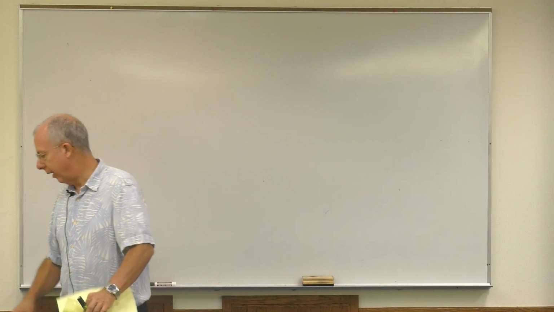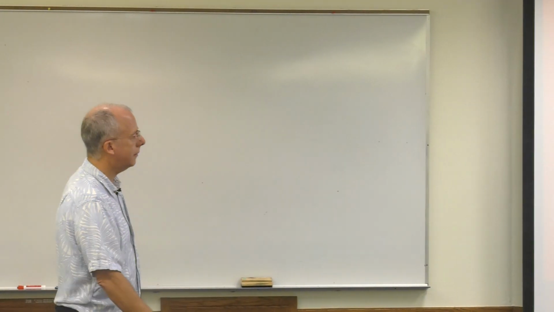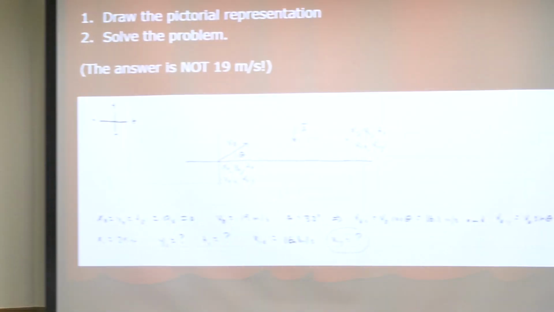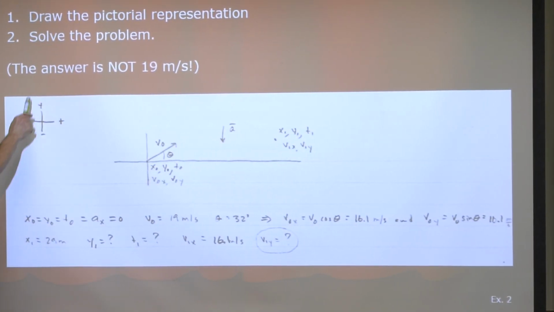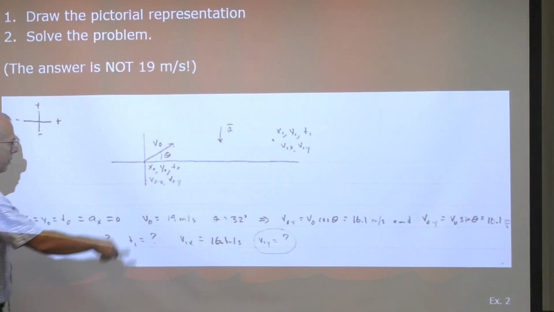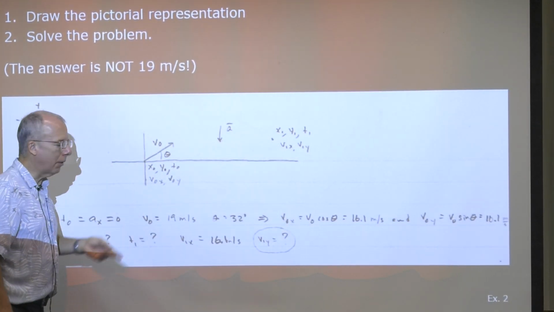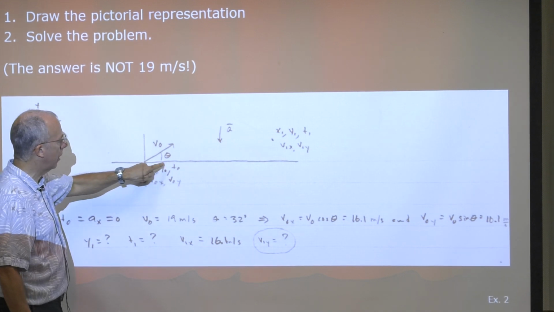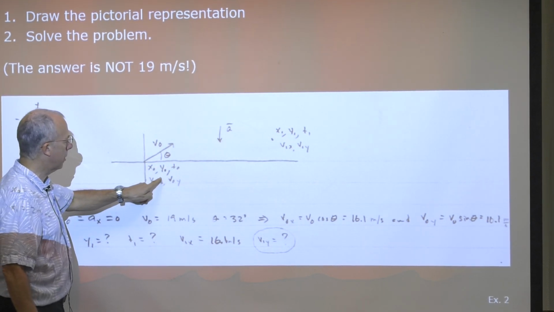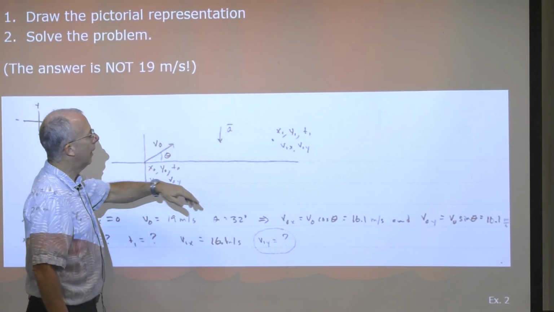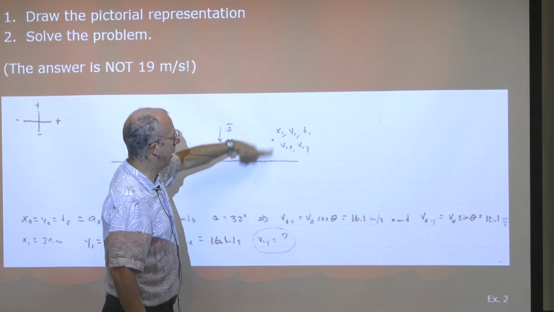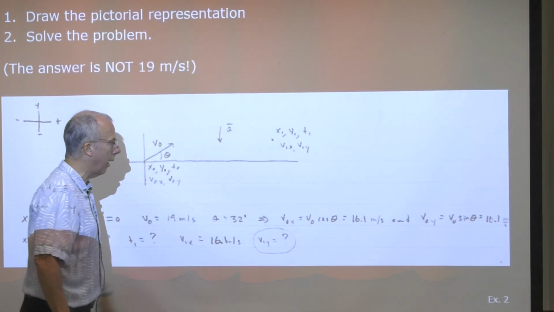Okay, here we go. Let's draw the silly thing. Okay, so the regular old coordinate system. Here's the picture. Just like the last one, right? x0, y0, t0, v0x, v0y, and here's v0. Again, we have no idea where the goalkeeper catches it, so we just put a dot somewhere in the air.